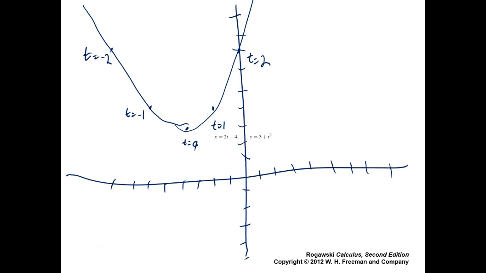So you see, not only do you get a parabola, but you get a parabola with a direction. As time is increasing, you're going from left to right on that parabola. Okay? One of the reasons for that is your x is a linear function, but the y is a quadratic function. And it won't get any less than when t is equal to 0. That's as low as it'll go.